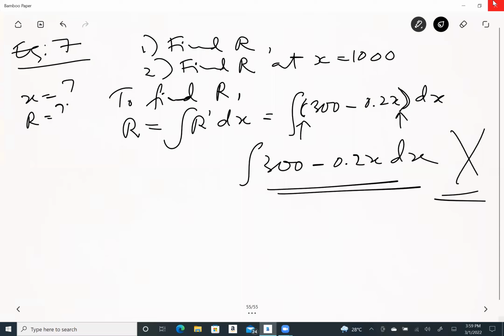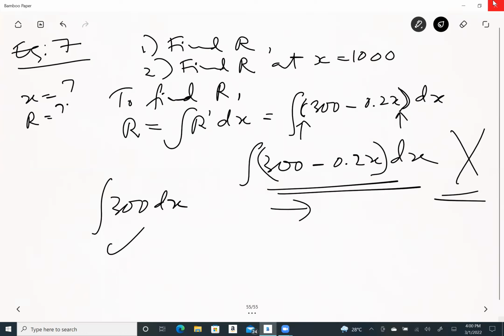Okay, so make sure you understand that, because most of the functions that we deal with consist of more than 1 term. If it is 1 term, it is easier. Let's say you want to just integrate 300 dx. That is fine, no need for a bracket. But if you have 2 terms or more, then you have to put the bracket. After that, of course, you can break it out, but that is another stage.